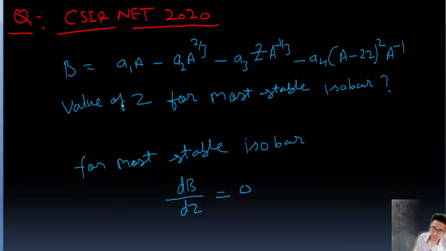We have been given binding energy, we have to differentiate this with respect to Z, put it equal to 0, and then we'll find the value of Z for most stable isobar.